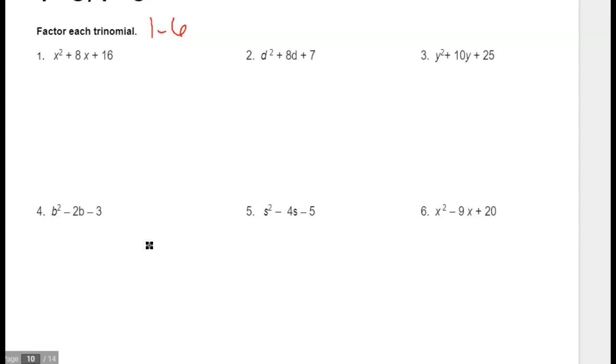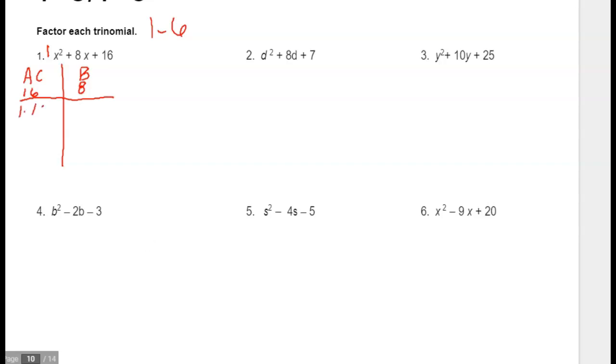So remember we do from yesterday's video, A times C that adds to B, and my A is 1 and my C is 16. So 1 times 16, of course, is 16. And my B is 8. So I need to find something that multiplies to get 16 and adds to get 8.